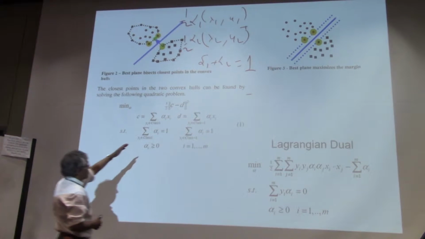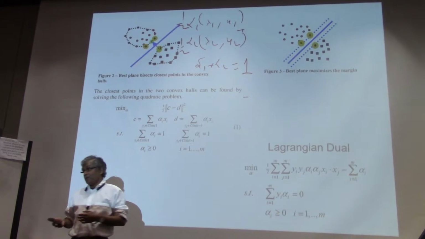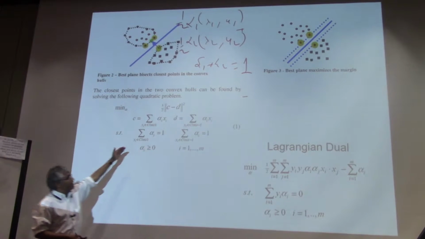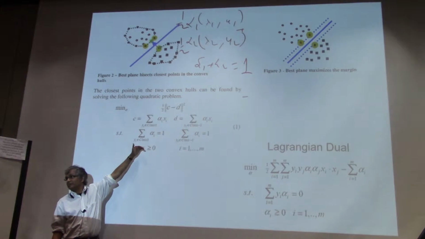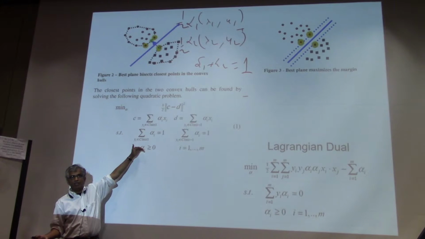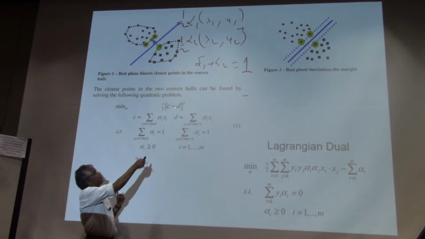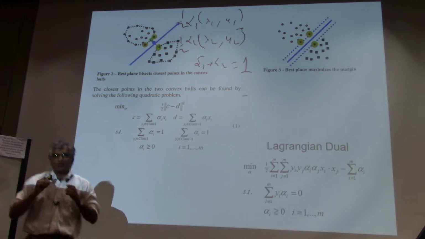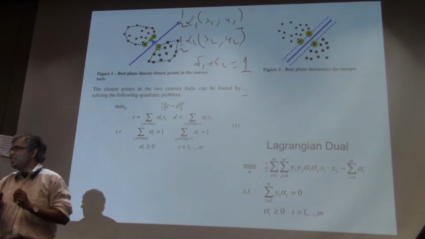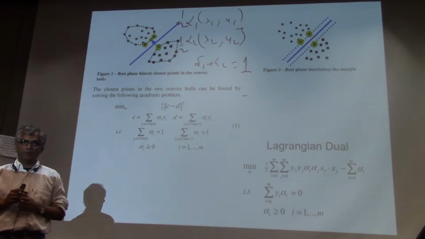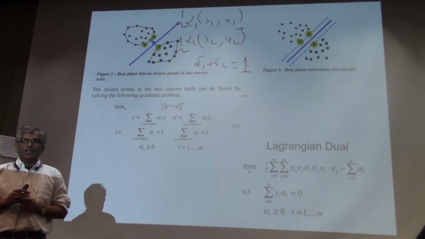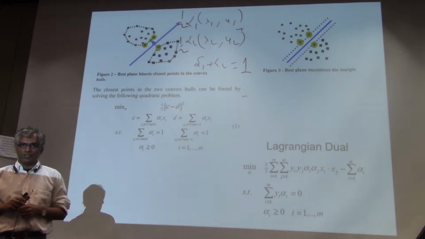Okay? So you set up basically an optimization problem where the linear constraints are about convexity in terms of the points in the positive training points and the negative training points. And the optimization function is this quadratic function. Everything was good up until the quadratic part. Linear programming won't work with the quadratic functions.